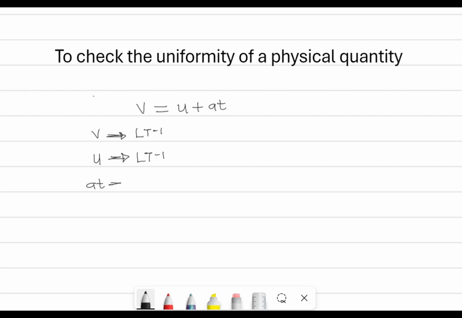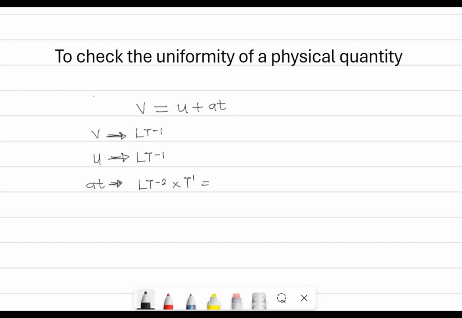The last one is AT, which is acceleration times time. For acceleration, it is LT minus 2, then times the last one, T. T is T raised to power 1.